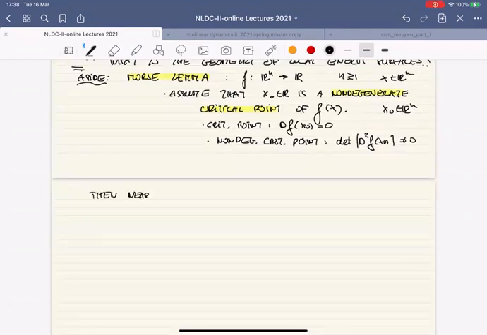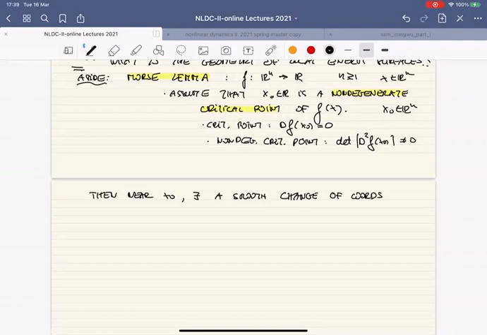Then comes the statement that near x naught, there exists a smooth change of coordinates, a diffeomorphism. You want the change of coordinates to be invertible, so you can go both ways, and you want it to be differentiable in both directions, so you can then operate.